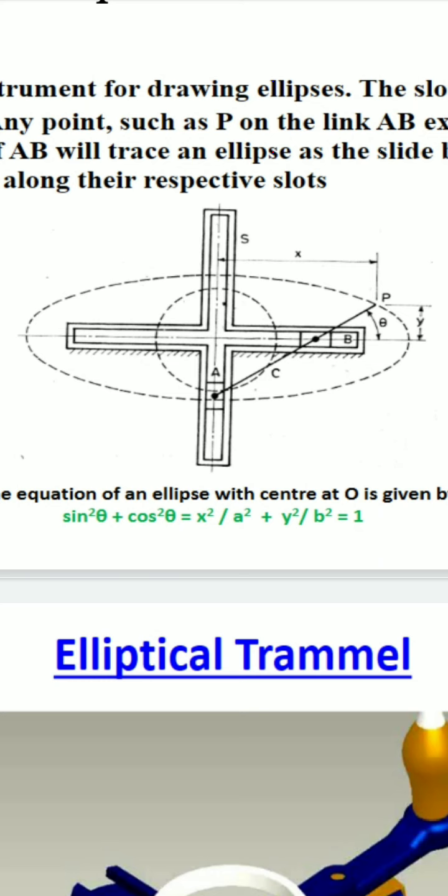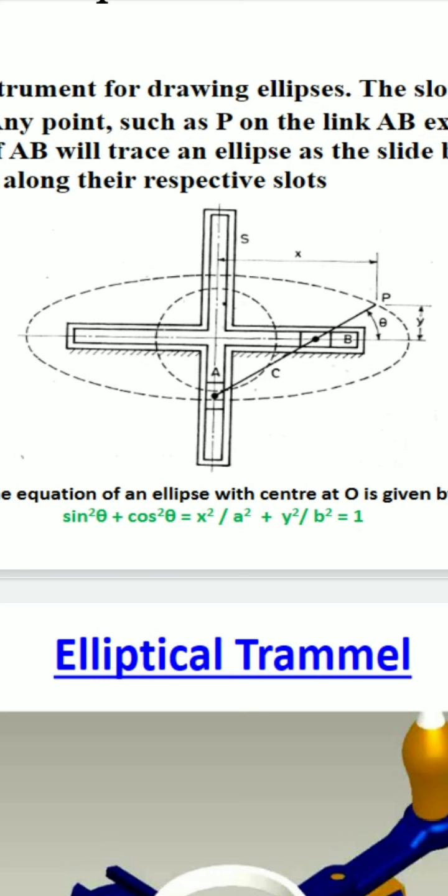Apart from the midpoint of AB, any point you take, whether in between A and B or an external point on AB, as you can see in the sketch, point P, will trace an elliptical path. The points A and B move in a straight line because they are fitted in the slots.